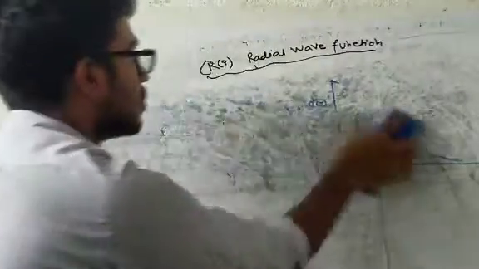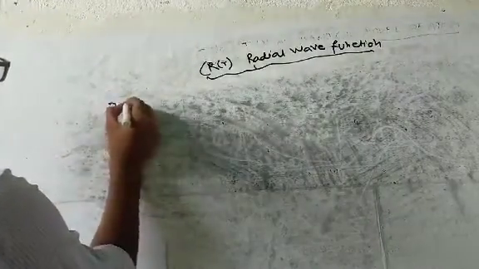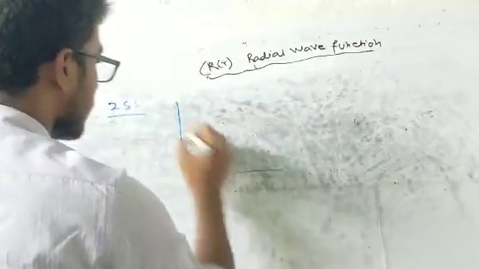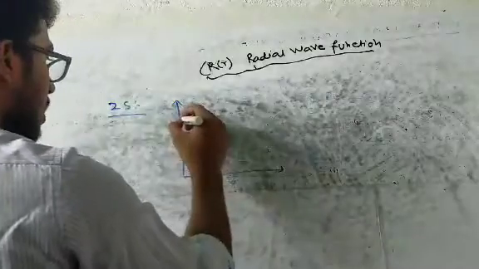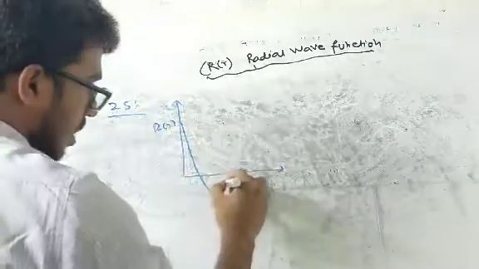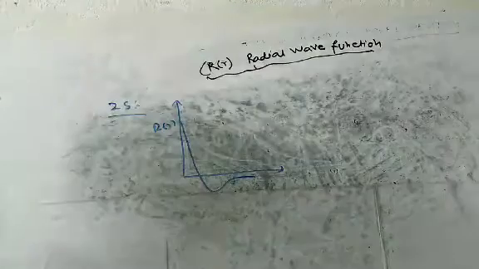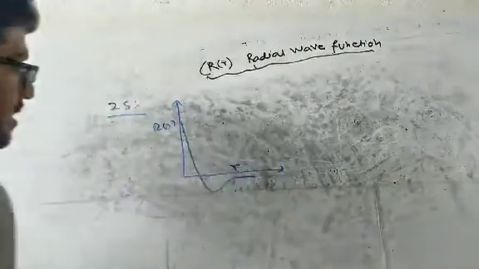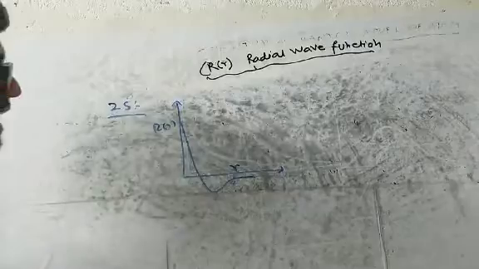Now if I quickly go to the 2s orbital, here only one node is present. So my graph will start from here, decrease, cut the axis one time, and it will not continue for the rest of the r axis.